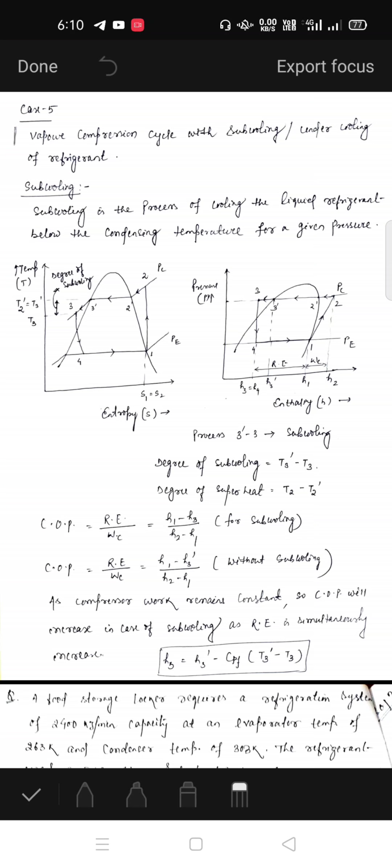Let us first assume that the refrigerant is dry and saturated at the entry to the compressor. Then point 1 will lie on the saturation curve, and it is obvious that after compression it will be converted into the superheated region, means point 2 will lie outside the dome.